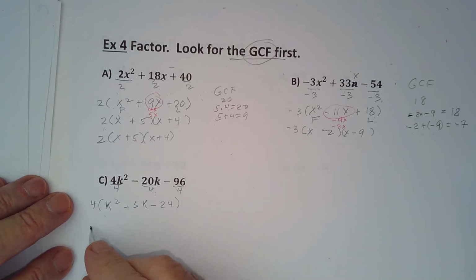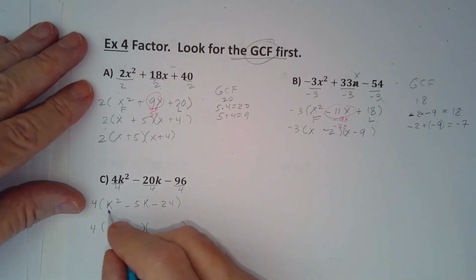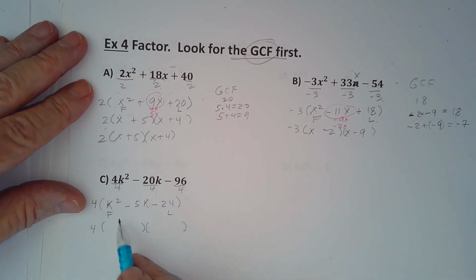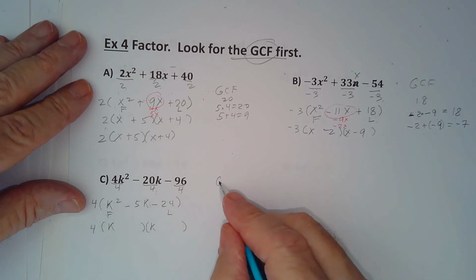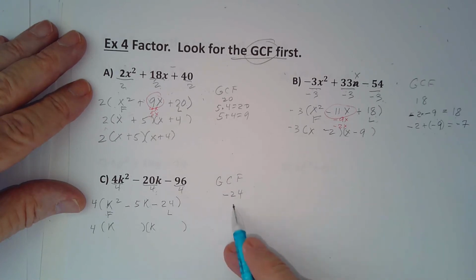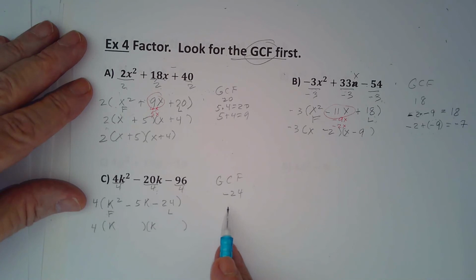Now we're going to go ahead and break it into 2 binomials. So we're going to look at again the first and the last terms. K squared is k times k, and then we're going to look for the factors of negative 24 that add to negative 5. It's the first time we dealt with a negative number. If you're multiplying together 2 numbers to get a negative, one has to be positive. Okay, so one's positive, one's negative.